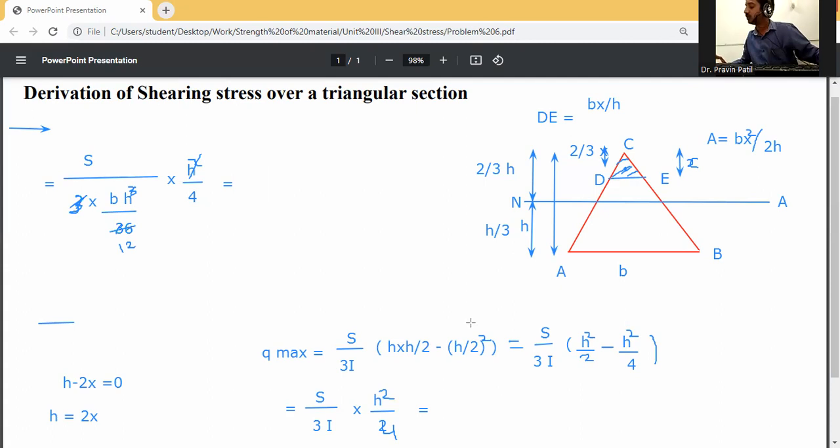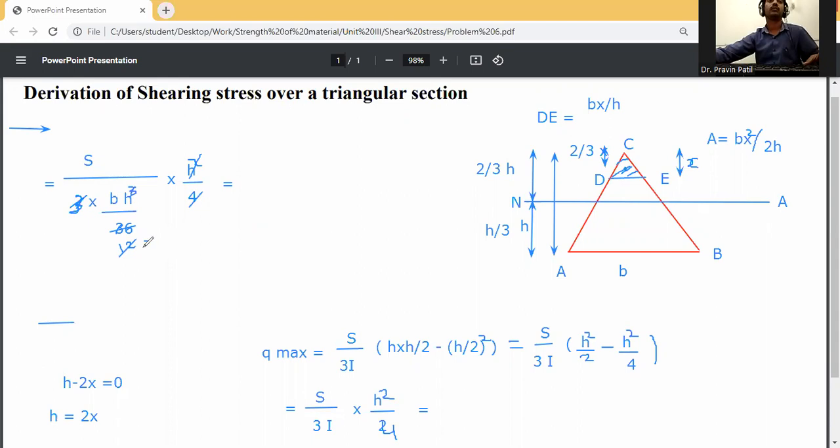BH square, area remaining. Okay, so 4 1 the 4, 4 3 the 12.